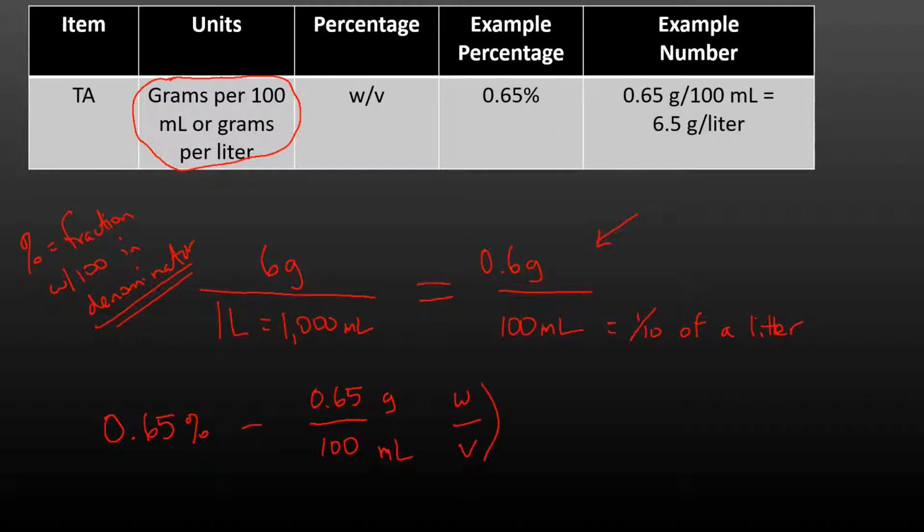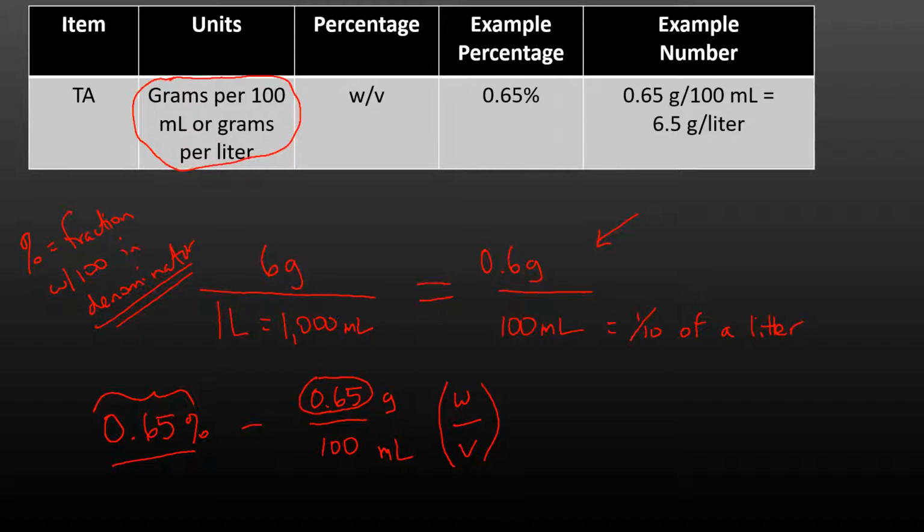Grams express the weight, and milliliters is a volume, so this is a weight to volume percentage. An easy way to go from 0.65% to the amount of grams in the wine is just to know that 0.65% is a fraction with 100 in the denominator, and the actual percentage, in this case 0.65, is the numerator.